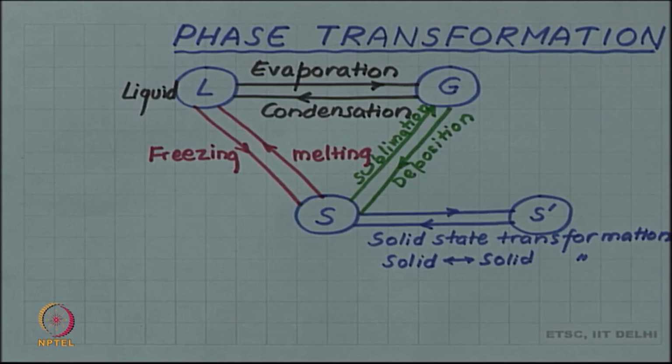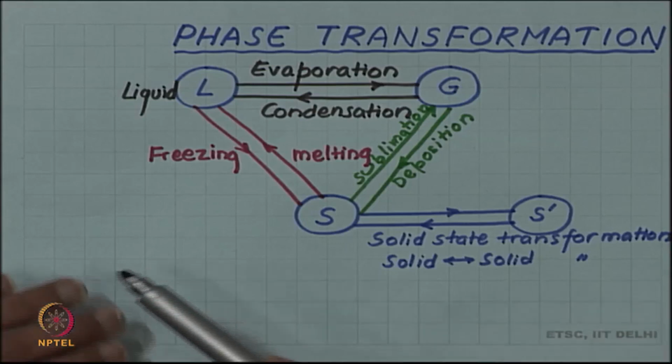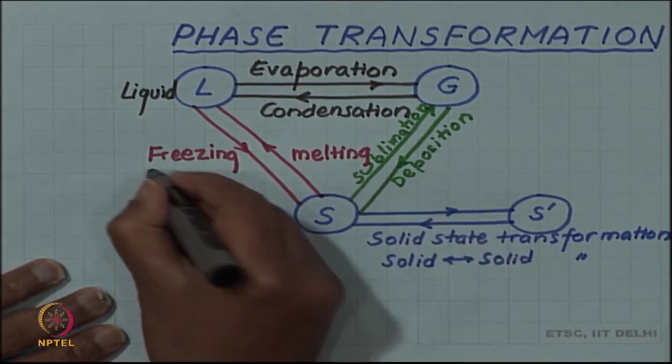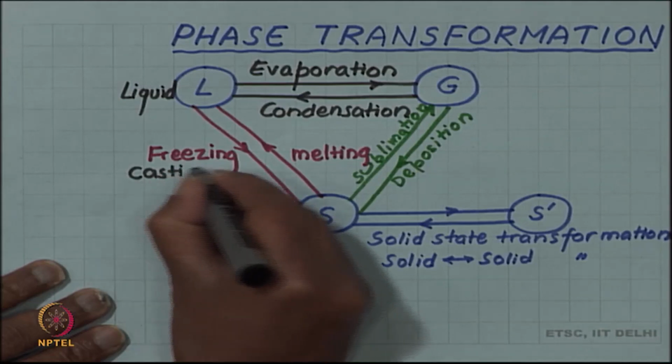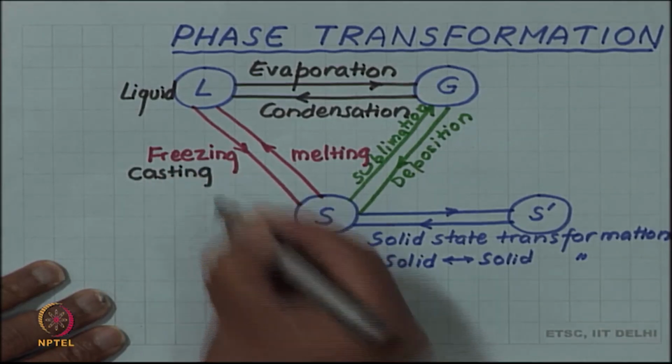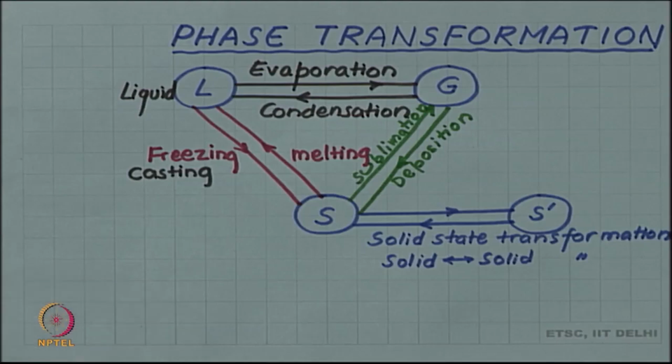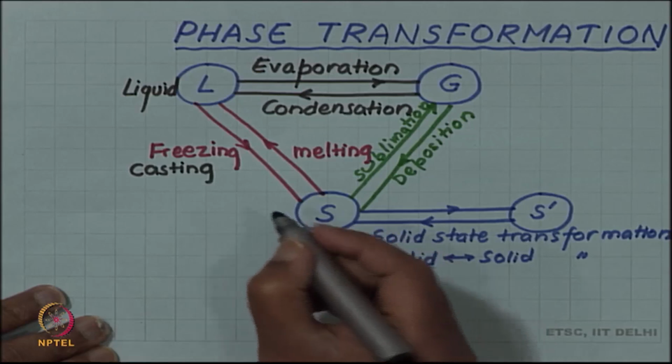Some of these transformations are technologically very important. So, for example, freezing is used in casting, which is a very important engineering process for fabricating many components.